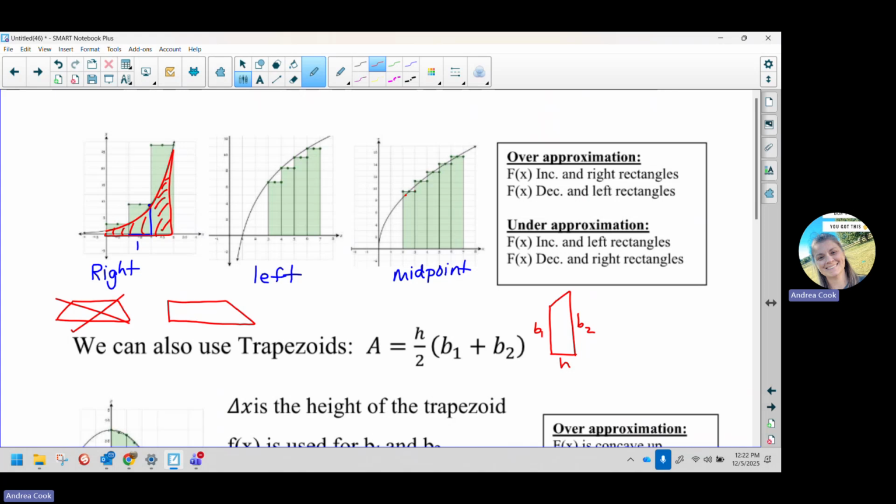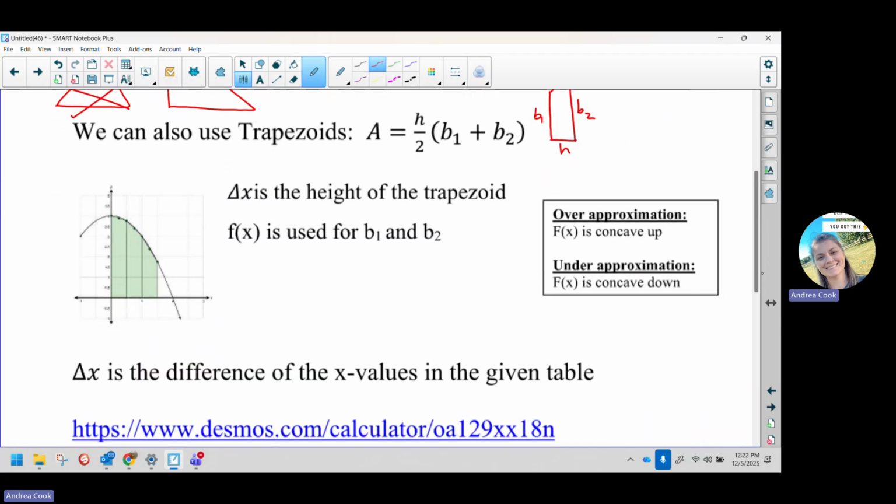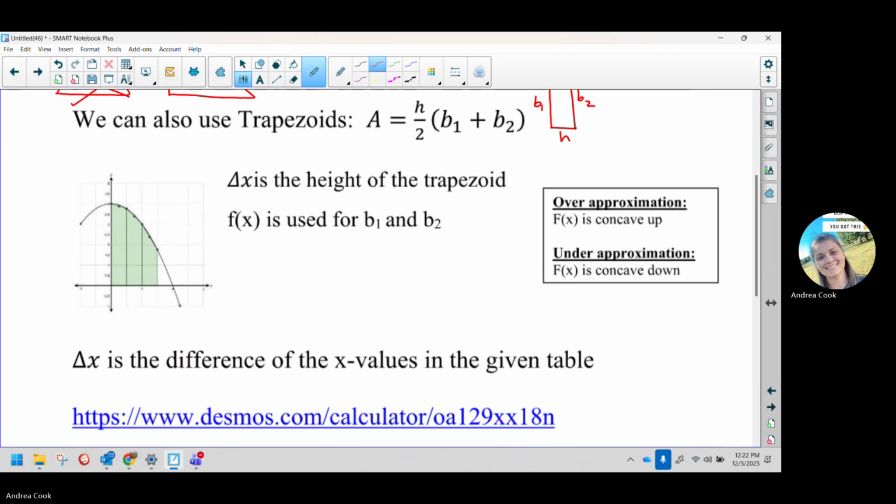But your delta x is still the height of your trapezoid. And f of x is used to find base 1 and base 2. So if you can see here, there is your trapezoid.